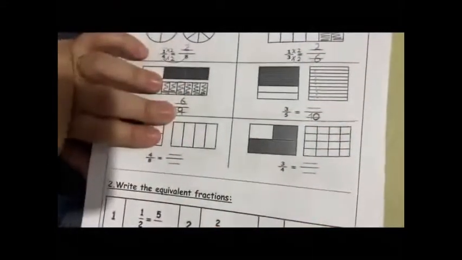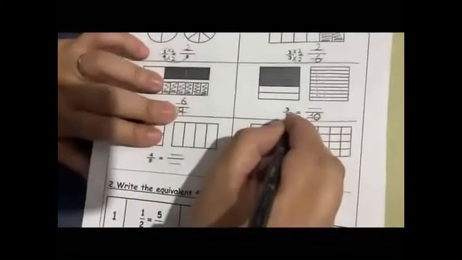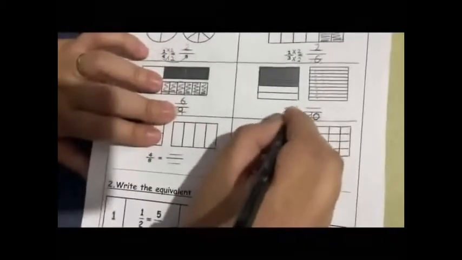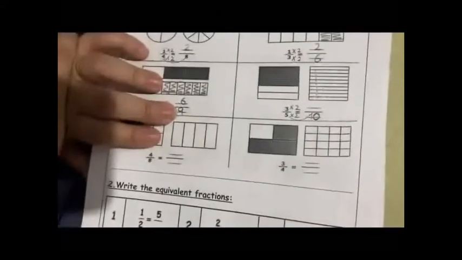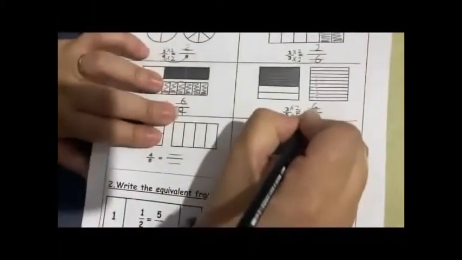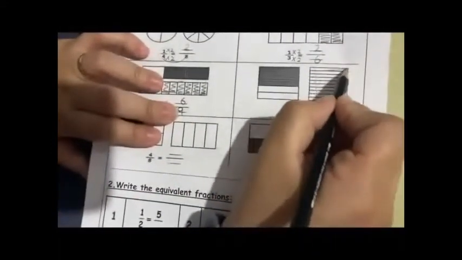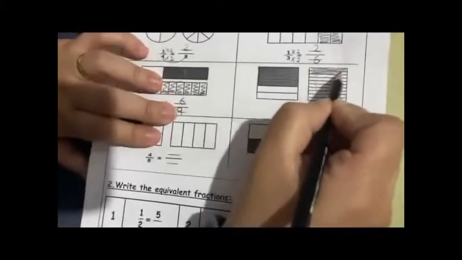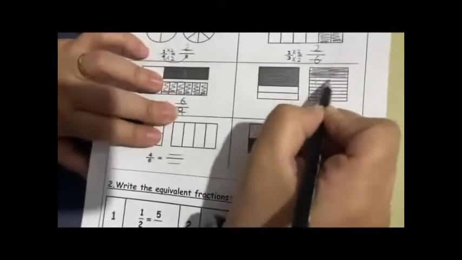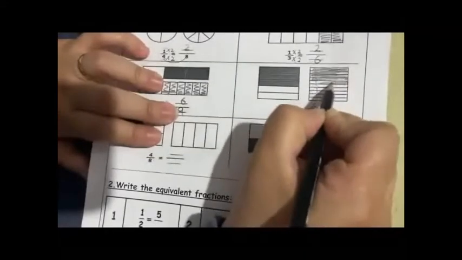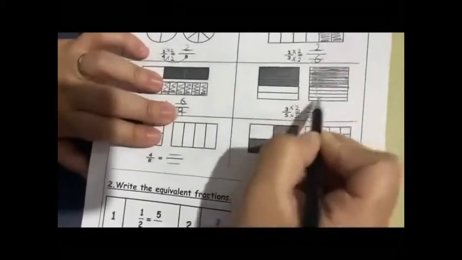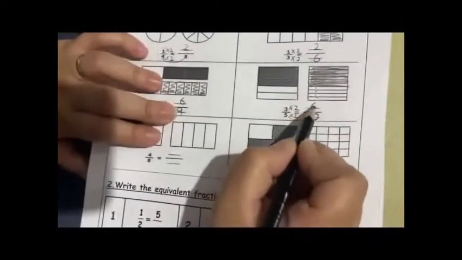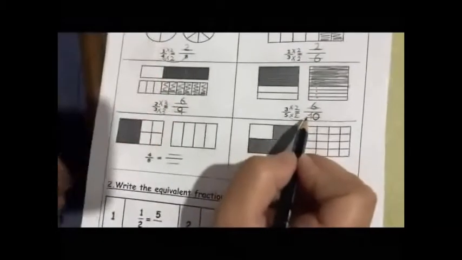So in the numerator, first of all, times 2, up and down, to know. 3 times 2 will be 6. So I will shade 6 parts. 1, 2, 3, 4, 5, 6. So 3/5 is equivalent to 6/10.